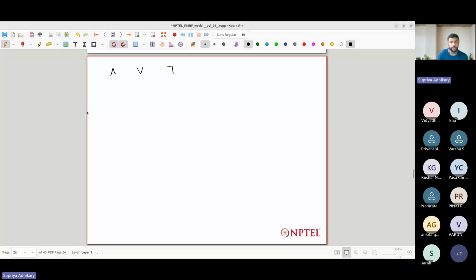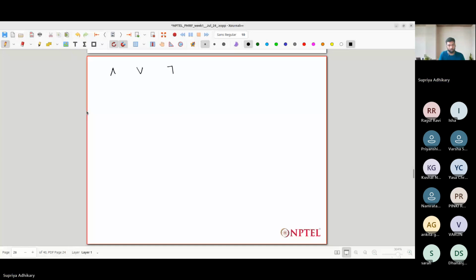We know that p implies q is nothing but negation p disjunction q. So definitely we can write this p implies q as negation disjunction. So what about this one? So this is nothing but implies conjunction.